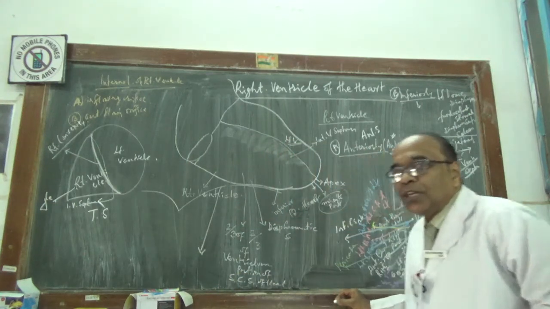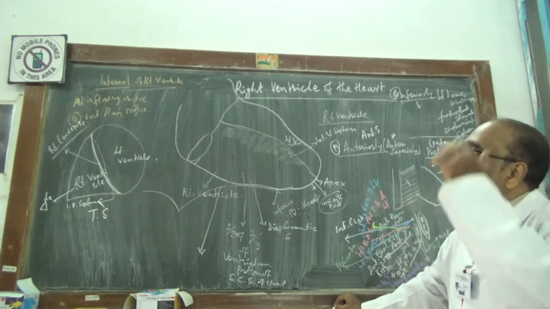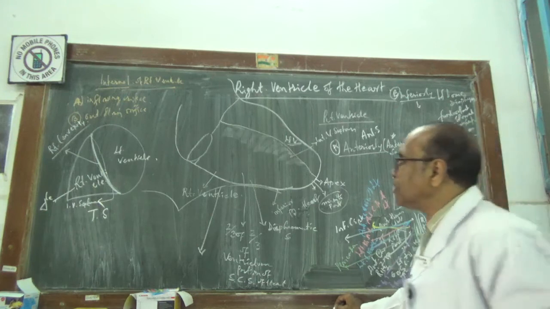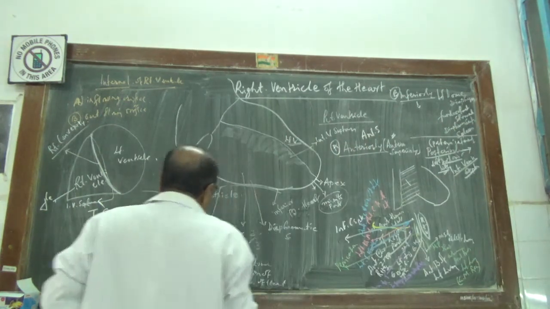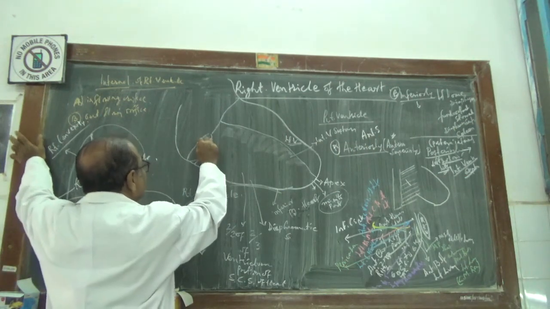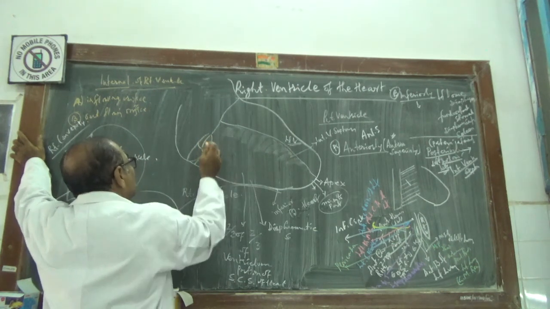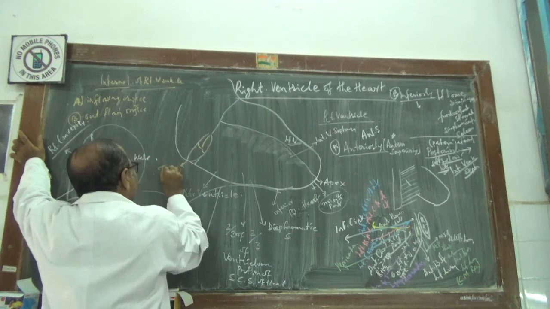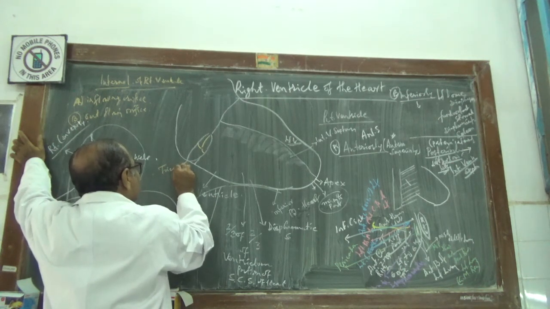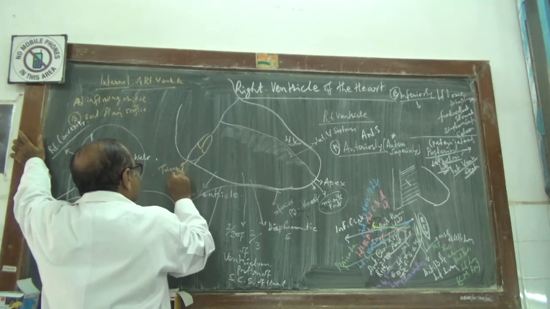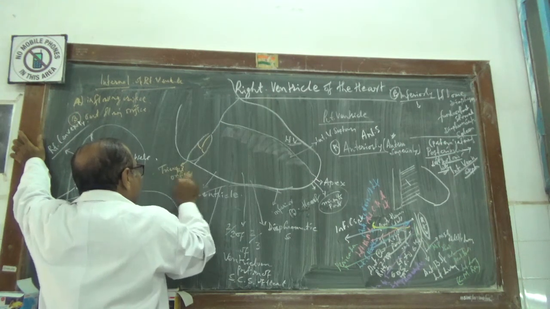Now, having all that in mind, we have to go to the internal features, especially the inflowing orifice. The inflowing orifice of the right ventricle exhibits what is known as the tricuspid orifice.